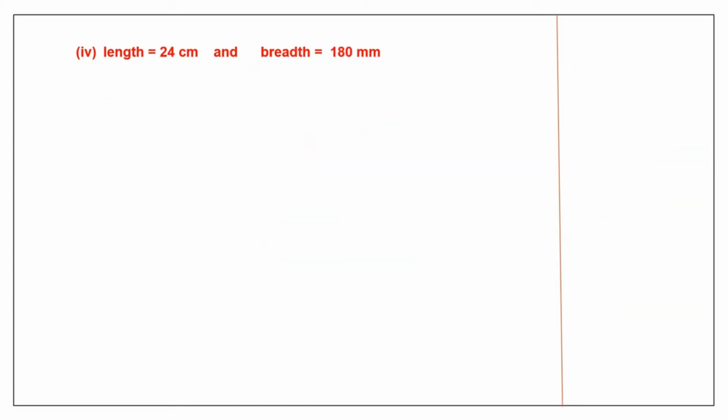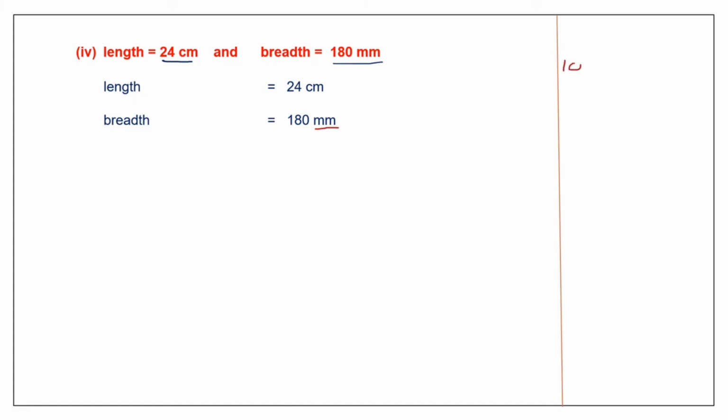Question 4. So here we have length given to us as 24 centimeters and the breadth is given to us as 180 millimeters. So units are different. So length is 24 centimeters. Breadth is 180 millimeters. Since length is in centimeters, let's convert breadth also to centimeters.